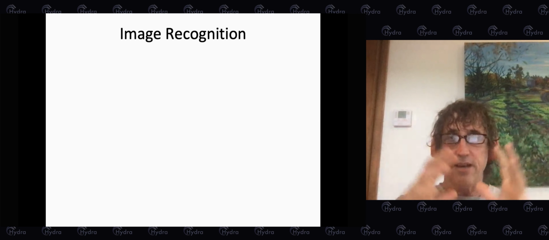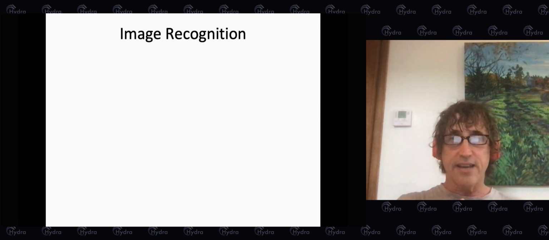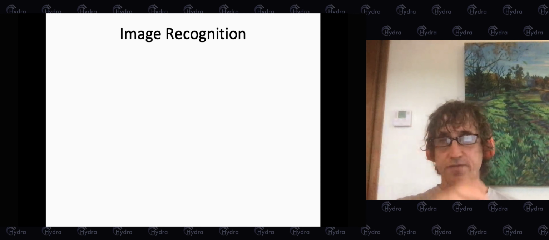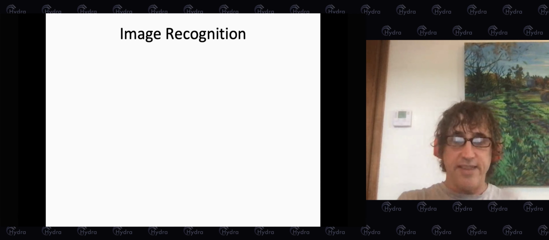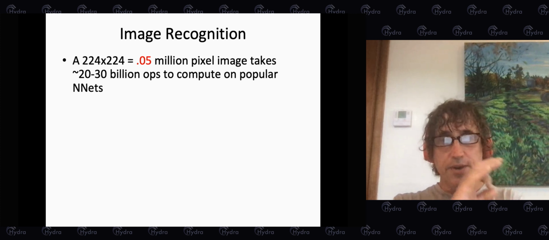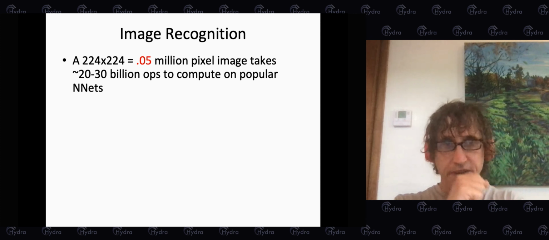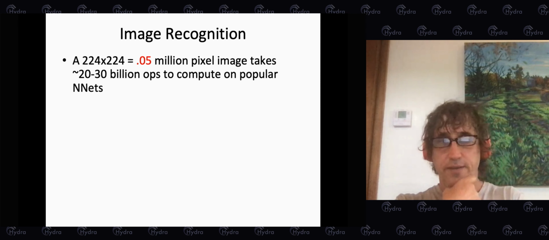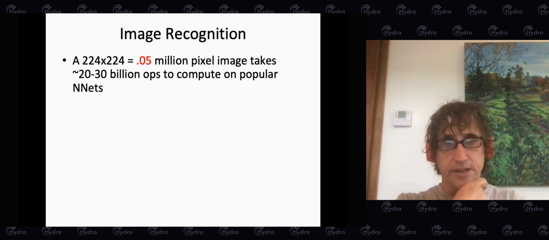Let's just pick a thing that your brain does, like image recognition, like that image of Mount Fuji that I showed you. What's the amount of compute that takes? A typical image that we feed a neural network, 224 by 224, is about 500,000 pixels.